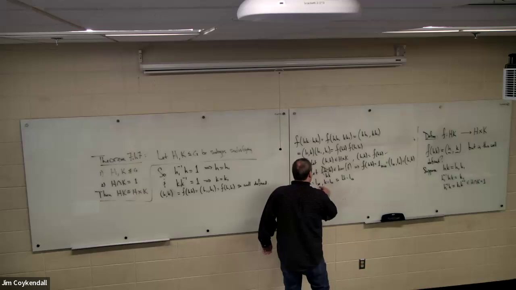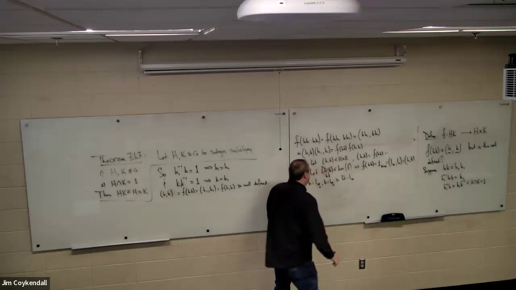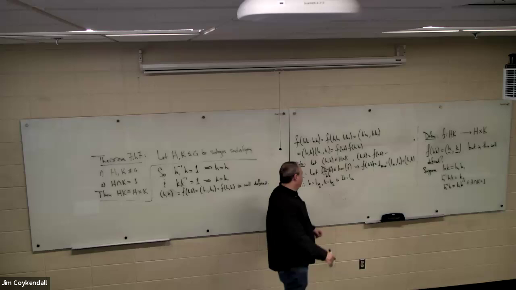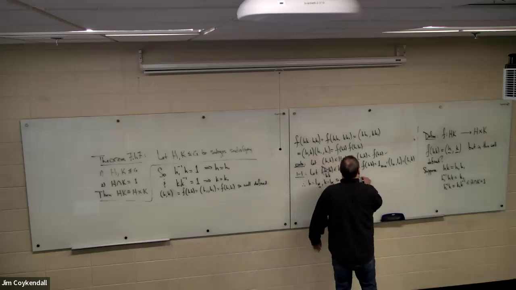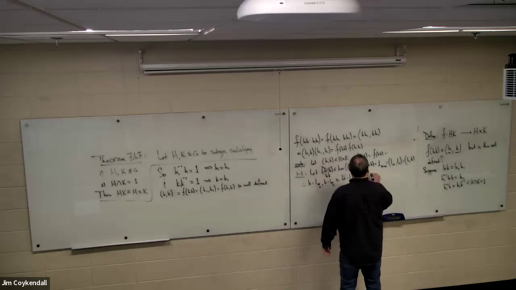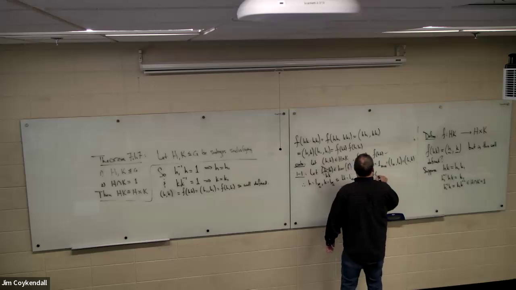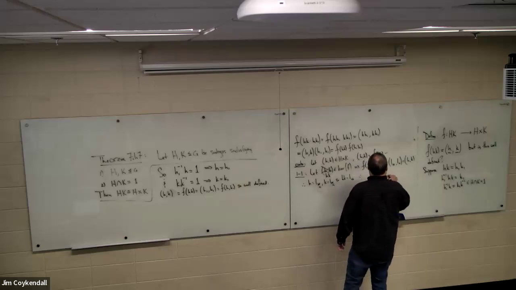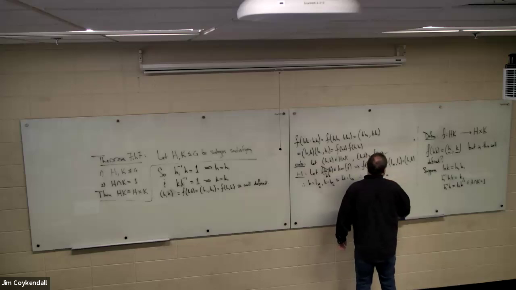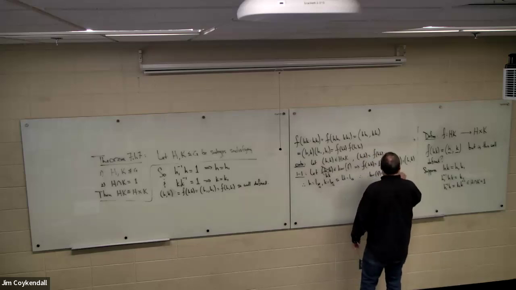Actually, these are all identities of G. What I wrote there is true, but let me think of it more inclusively as the identity of this. Therefore, the kernel of F is the identity of G, which is the identity of HK. So F is one-to-one.